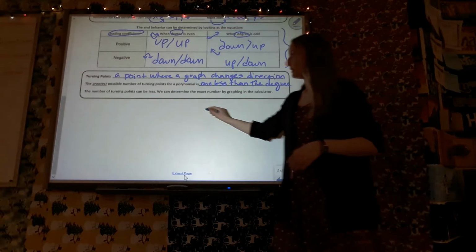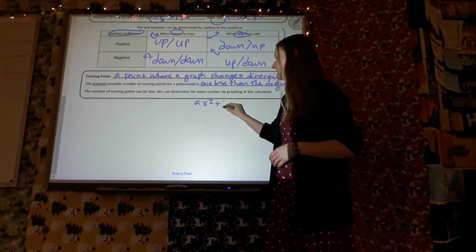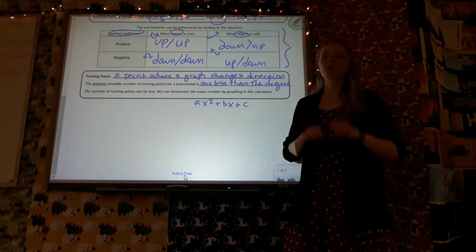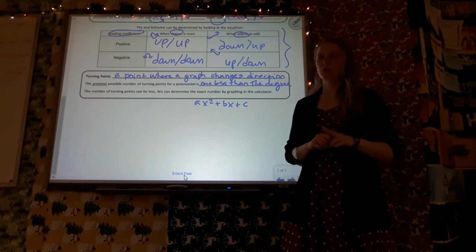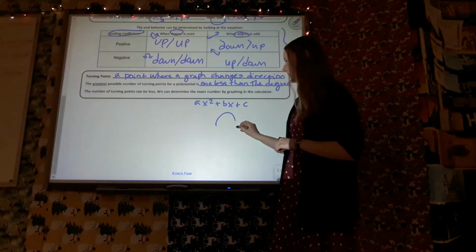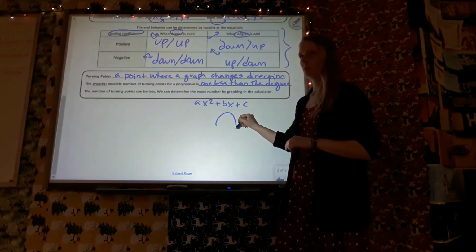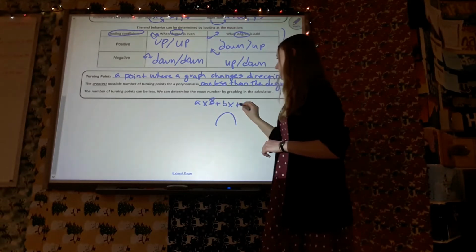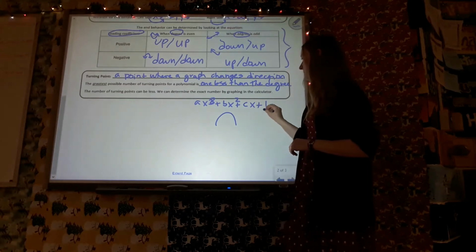So think about a parabola. If I have ax squared plus bx plus c, what's the degree of a quadratic? 2. So what's the greatest possible number of turning points? 1. That's why it looks like this. It only changes direction once. Okay? So I changed it to a cubic.